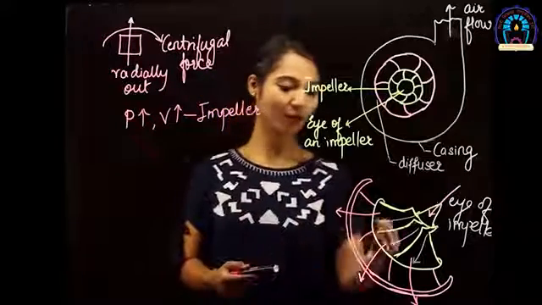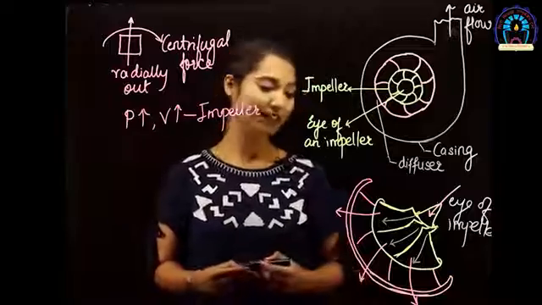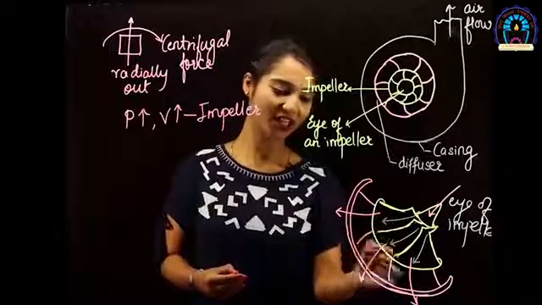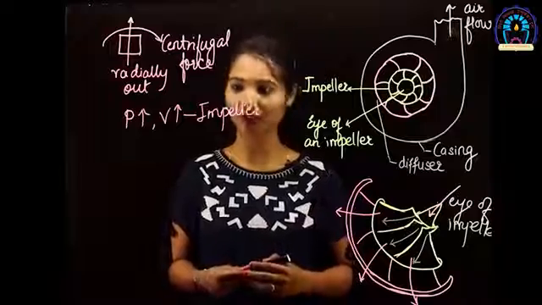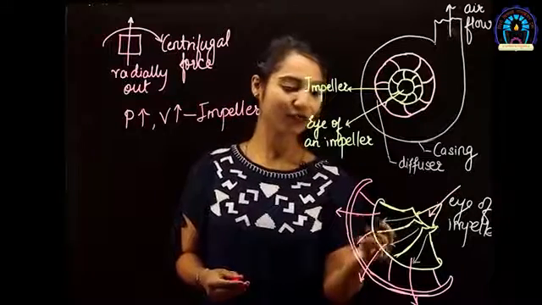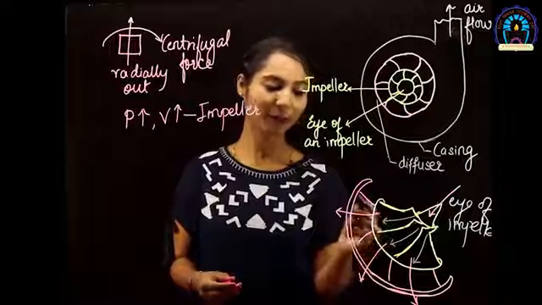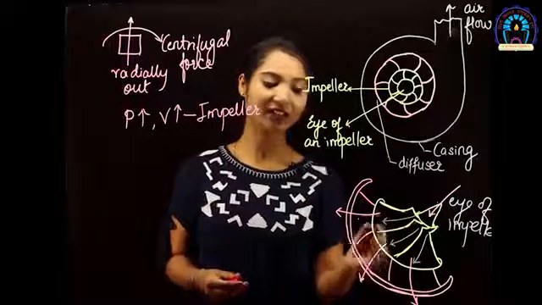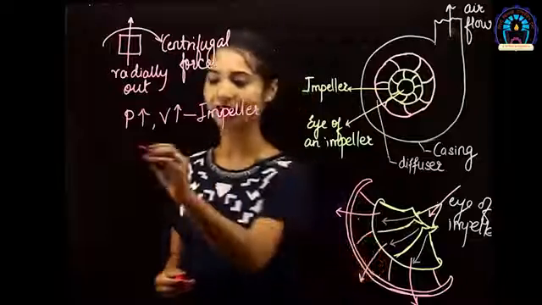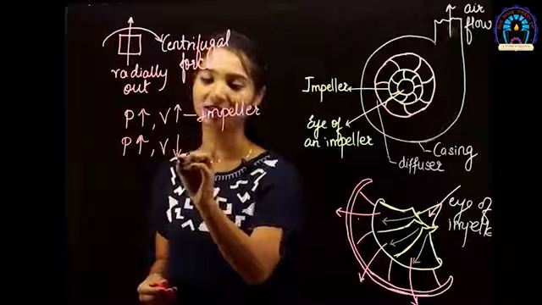If we see outside the impeller, there is a diffuser casing. As already said, the diffusers are there only to change the direction of flow and no energy is imparted inside the diffuser. Hence, inside the diffuser, as the air flows further, the pressure increases even more because the area is diverging, and since the pressure increases, the velocity decreases.